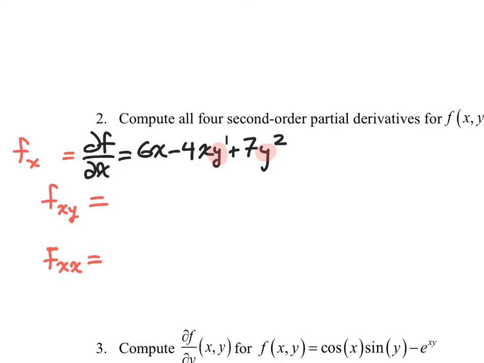Power multiplied by coefficient. My coefficient now is negative 4x. So 1 times negative 4x is negative 4x. y to the 0th power is 1, so ignore it. This, I'm taking the derivative of with respect to y, so I'm going back to Calc 1 and taking this derivative. All right, so 14y.